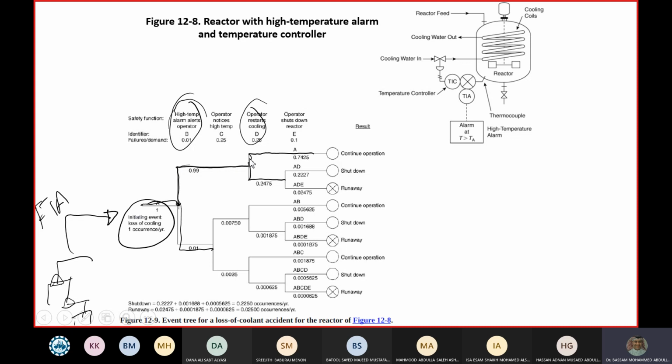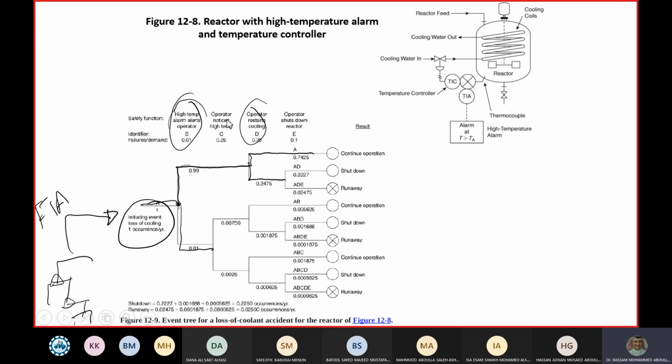And then you have said that if I'm going to continue operation, that is about 74%, and where you calculate the probability here, either to continue the operation or you want to shut down the system. Now, with all this information that we have here, we already have some information from the top where you start using them, where you have a high temperature alarm alert operator. And this is why we separated the 0.99 and 0.01, we can see here.